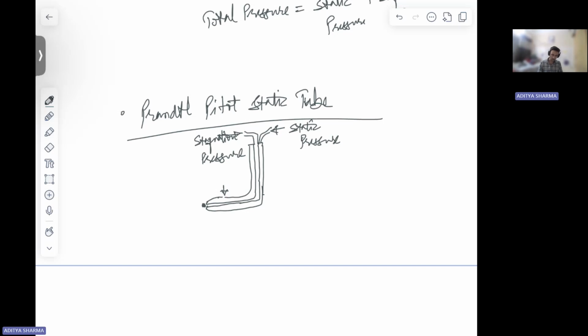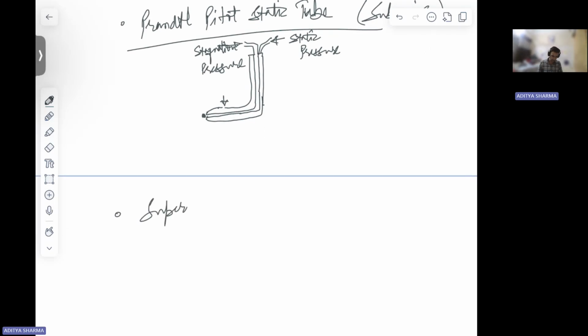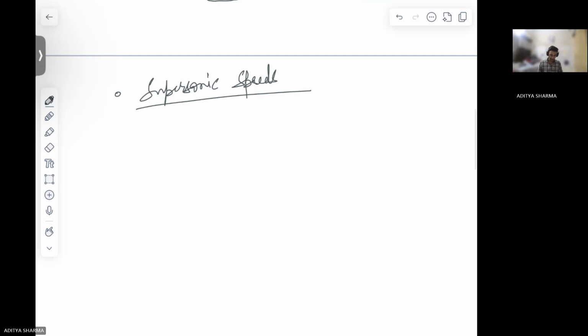Now this was for subsonic speeds. For supersonic flows, what happens is that flow is happening in this direction, but in front of this pitot tube, you are going to get a shock.